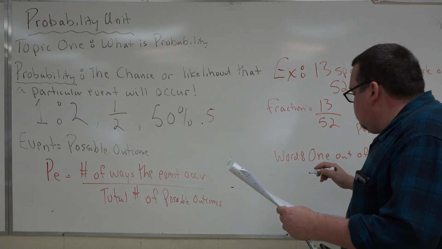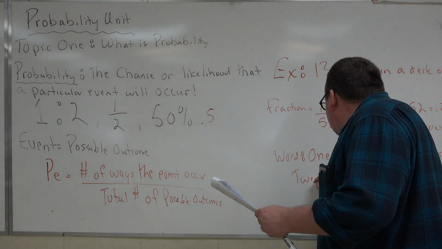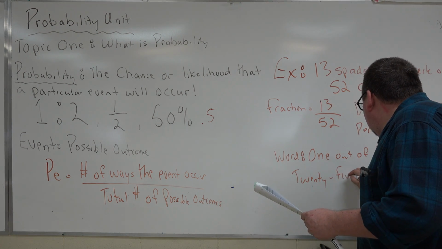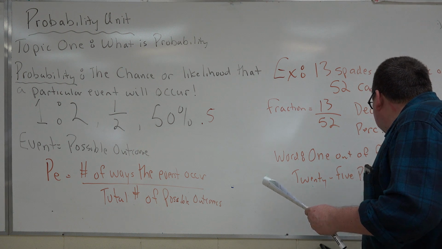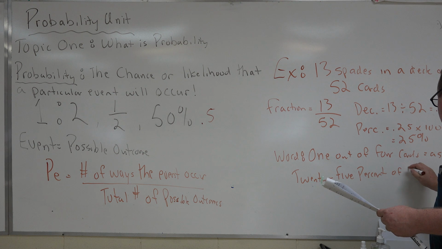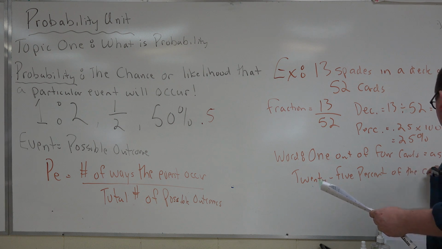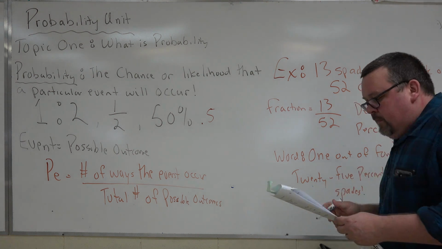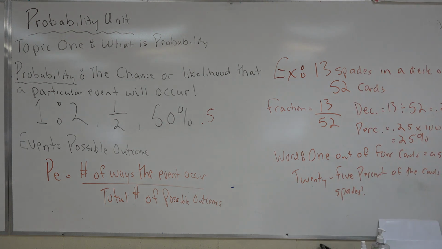Or you can say like this: 25% of the cards are spades. So those are the 4 ways to express a probability.